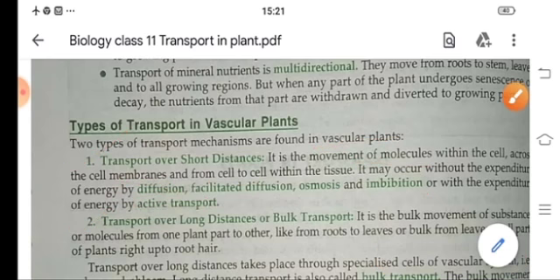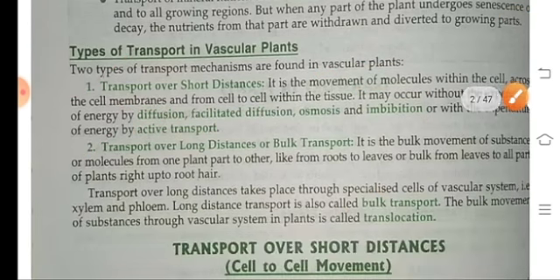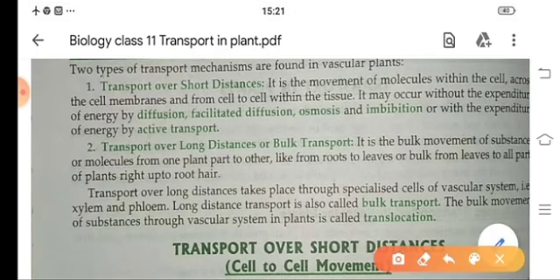Now transport over long distances or bulk transport is the movement of substances from one part of the plant body to another part, and it is carried out to all the parts of the plant, from root hair till the top tip of the shoot.